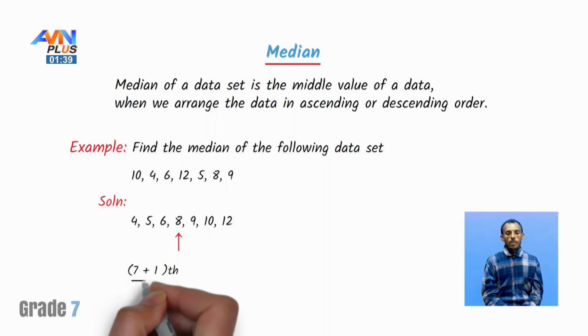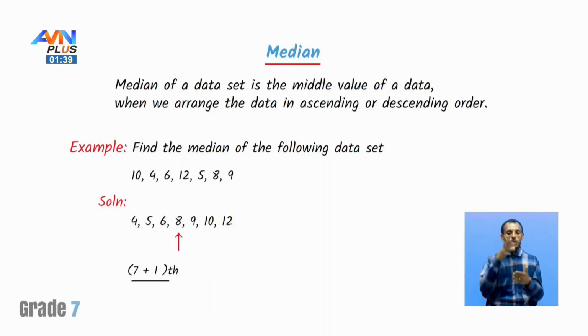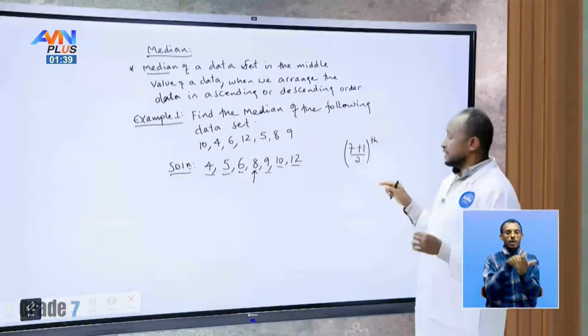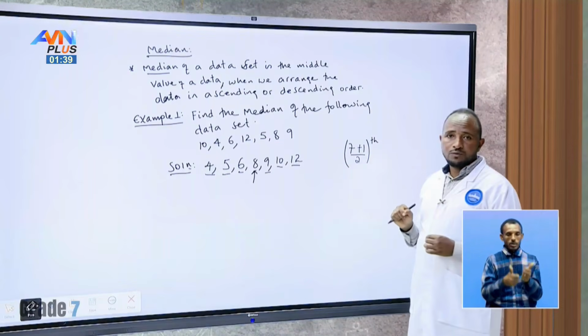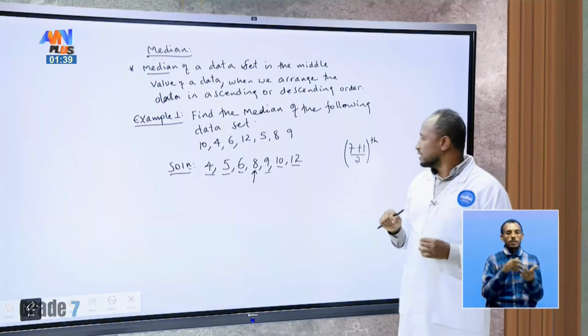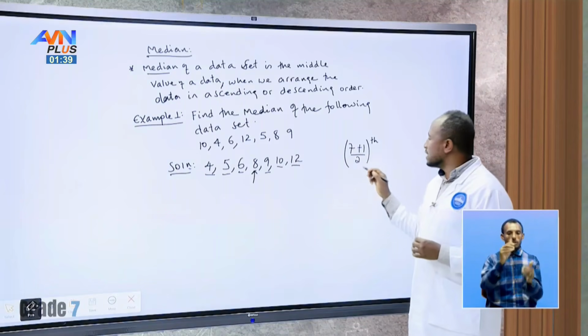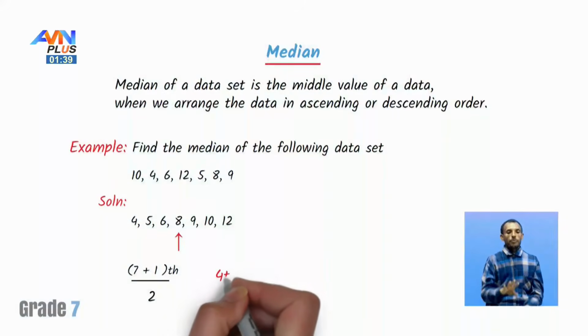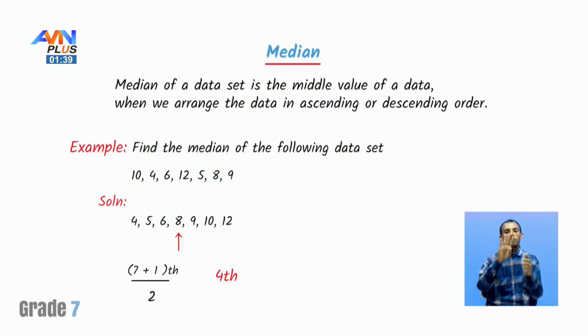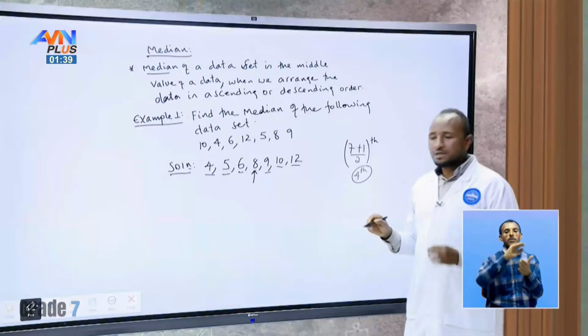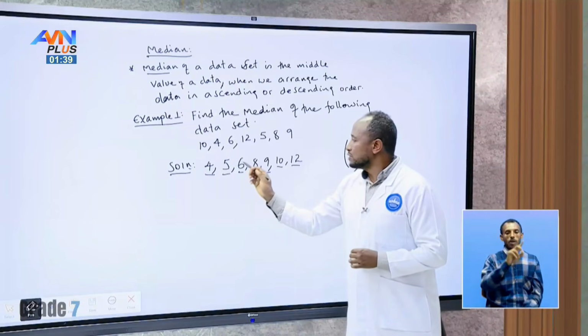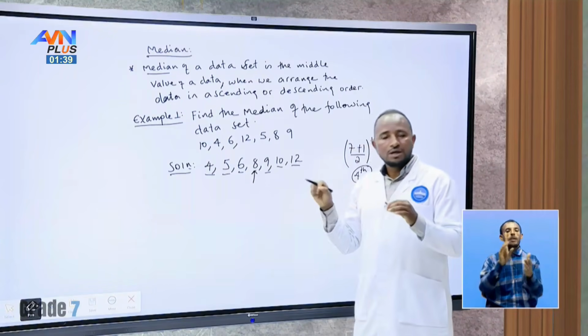The number which is found on this place will be the median of the given data set. So let's add this. 7 plus 1 is 8. 8 divided by 2 is 4. So the fourth data will be the median. Let's count it. 1, 2, 3, 4.